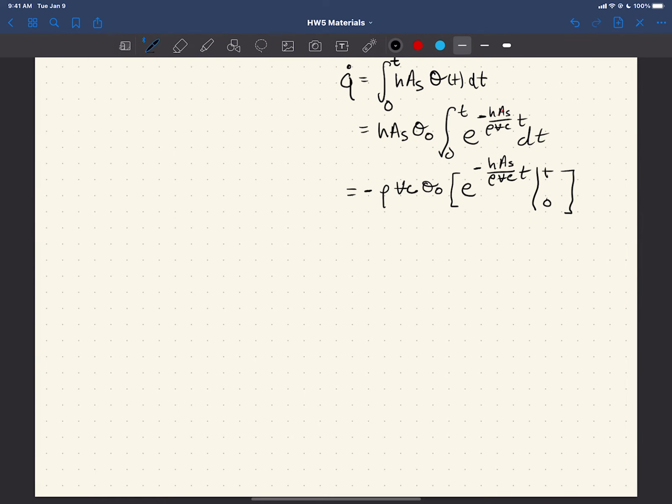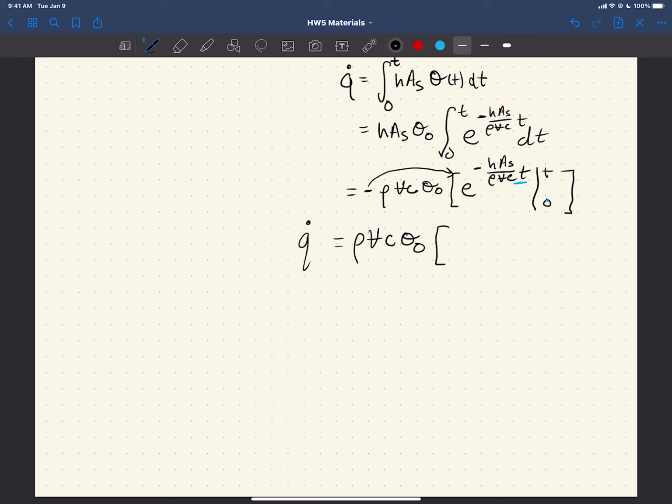All right, and so you're going to do this and subtract it. I'm going to distribute this negative sign into it too, and so what you end up with is that q dot is rho VC theta naught times, when you plug this 0 in for t, you're going to get a 1.